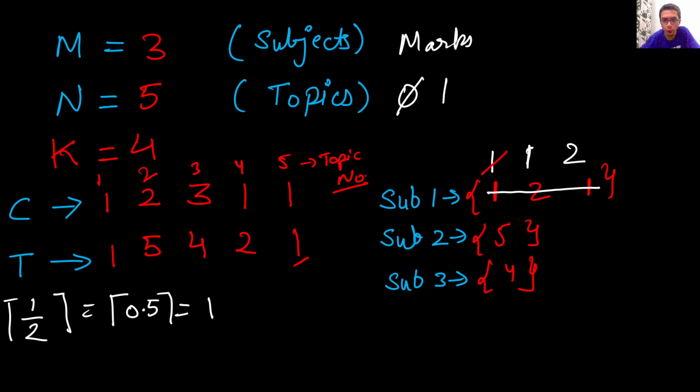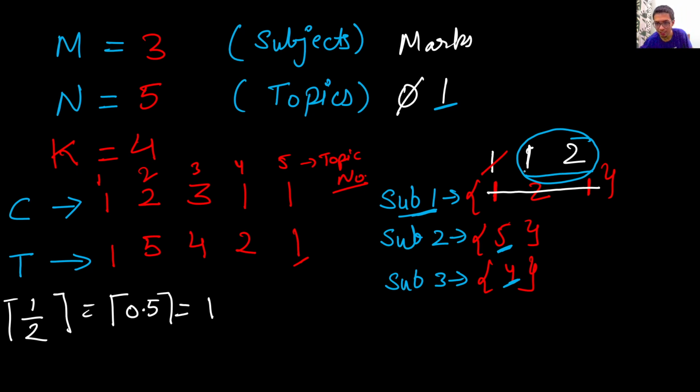So now to increase the total marks by 1, we have 3 choices. Either I can take this topic having time 5, or I can take this topic having time 4, or I can take these 2 topics together from sub 1 array, because these 2 topics together would be capable of increasing the marks by 1, right?